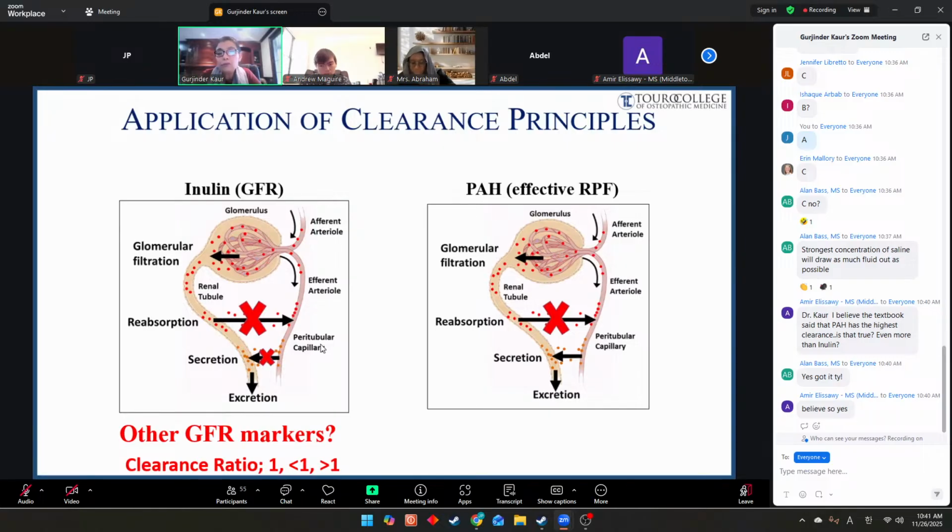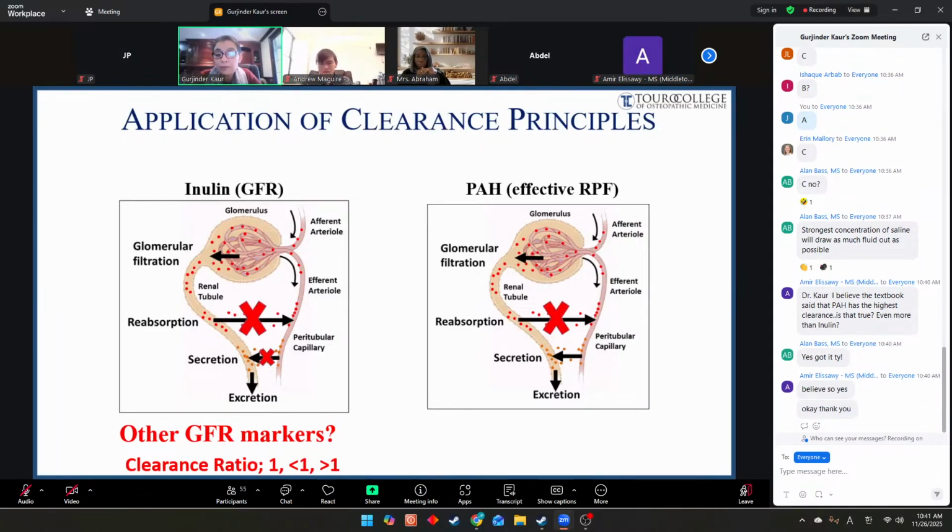Clearance is if you get rid of everything, what is sitting in the plasma. What did you inject? Whether your kidneys were able to clear everything out. That is your clearance. So I believe some of the PAH still stays back in the renal vein. So I got to check that before I say yes to you. So I can't recall that, Amir.